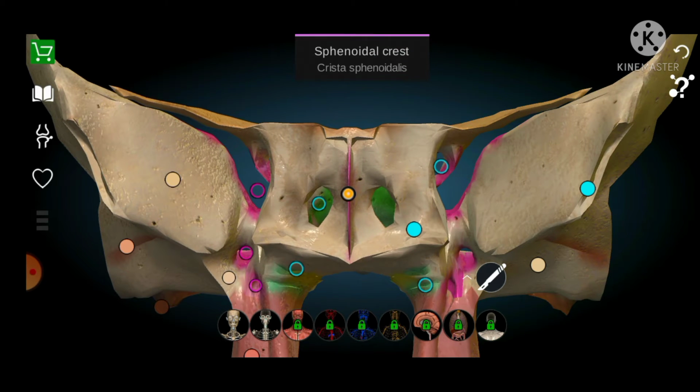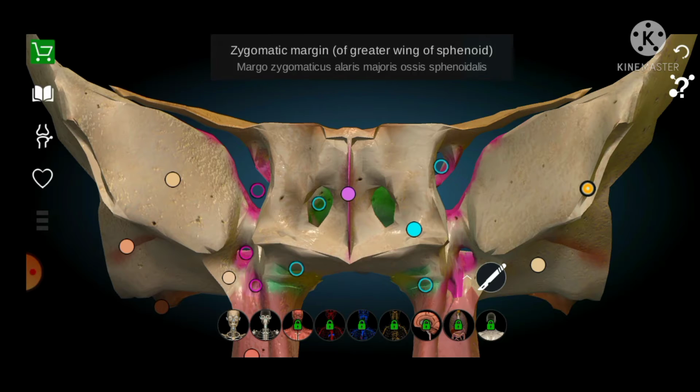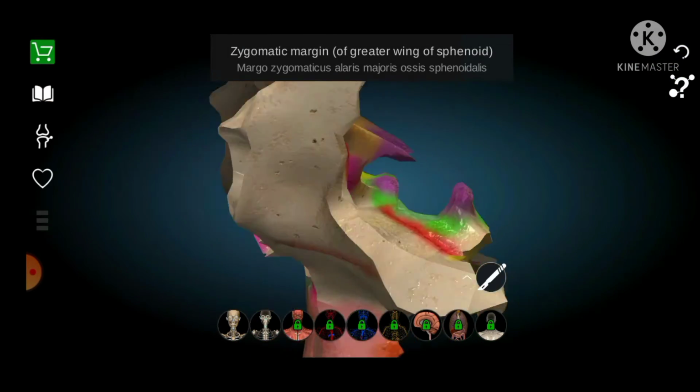This is the sphenoidal crest. This is the opening of sphenoidal sinus. This is the zygomatic margin.